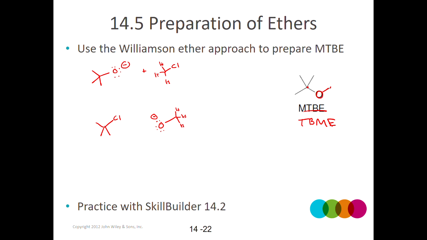If I use a tertiary substrate with a strong negative charge on an oxygen, it's going to do elimination. That would produce an alkene. If it's not too sterically hindered, though, it can come right in there and push out the leaving group and make an ether.